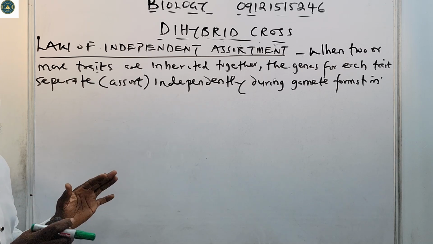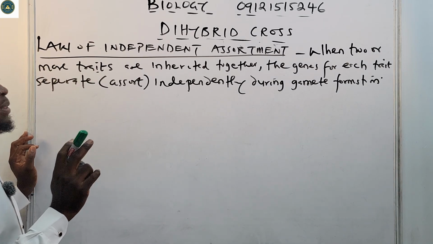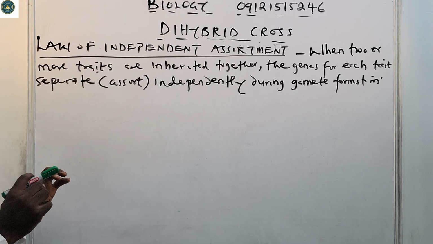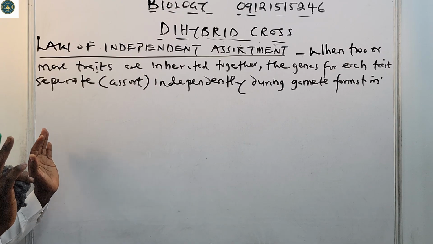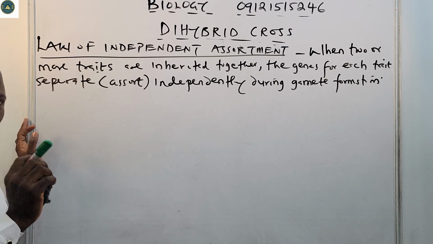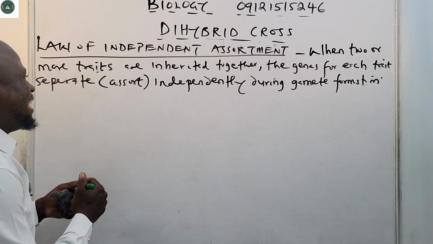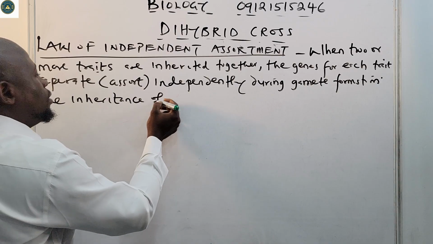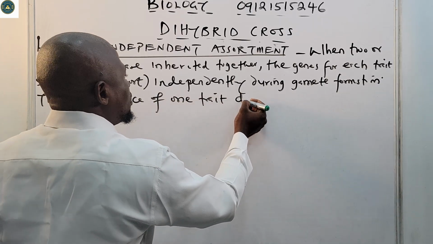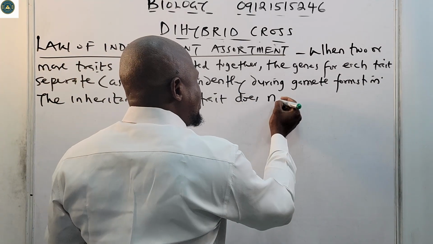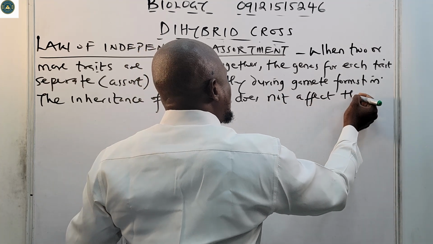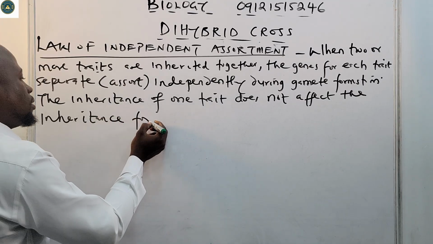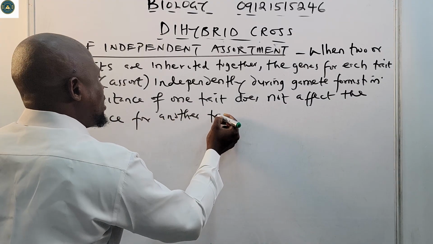The law of independent assortment says that when two or more traits are inherited together, the gene for each trait will assort. They will separate on their own independently during gamete formation. This therefore means that the inheritance of one trait does not affect the inheritance of another trait.